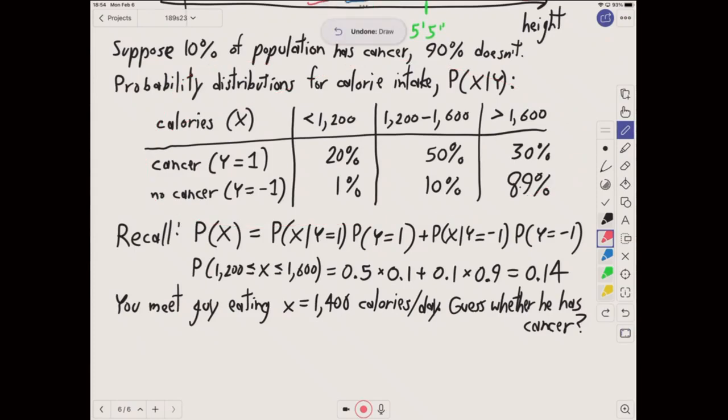Well, if you're in a hurry, you might say, oh, look, 50% of people with cancer are eating that many calories, but only 10% of people who don't have cancer are eating that many calories, so he probably has cancer. What's wrong with this reasoning?